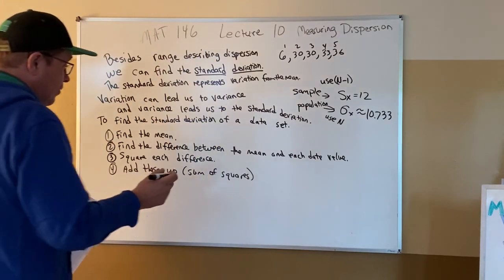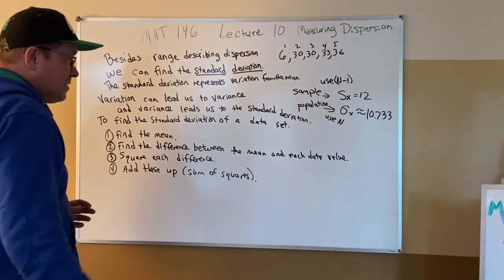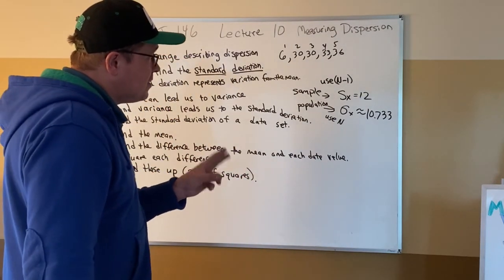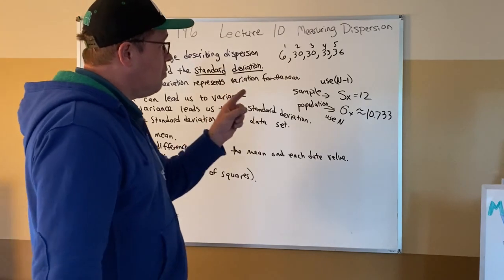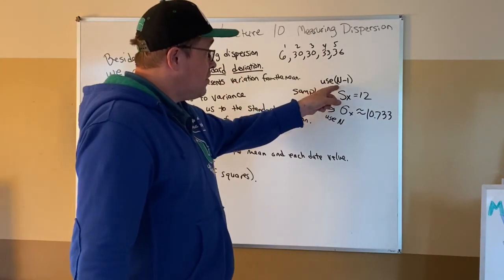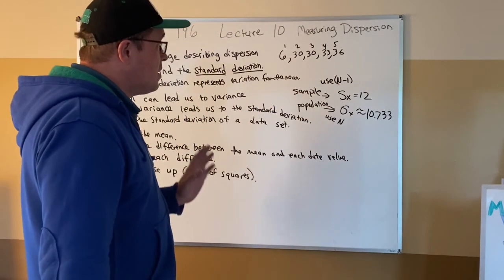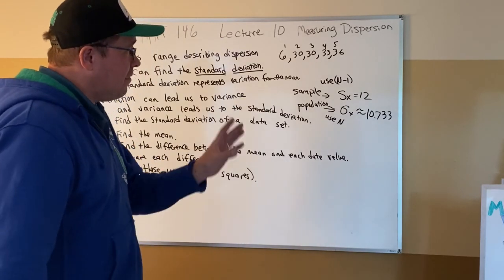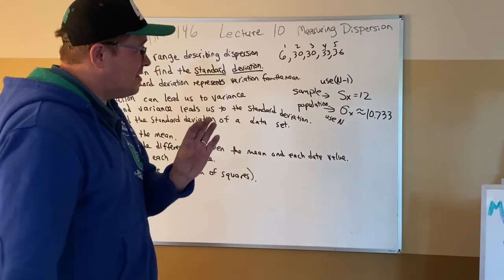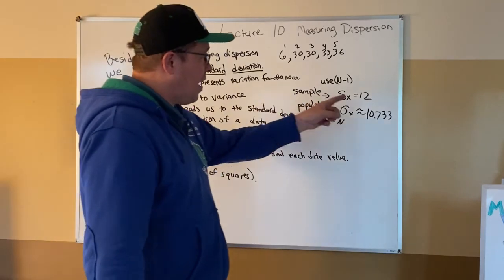And now you have all of them contributing. Now, especially if you have a small size sample or population, if you have a sample, you're going to divide by n minus 1, which is less than n, and therefore you're going to divide by a slightly smaller number, and it gets you a bigger outcome.